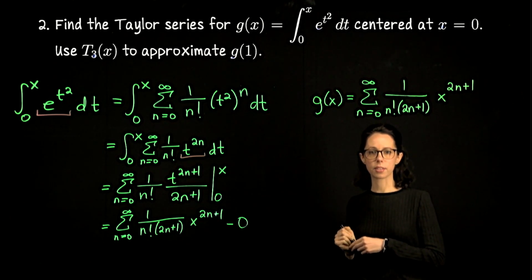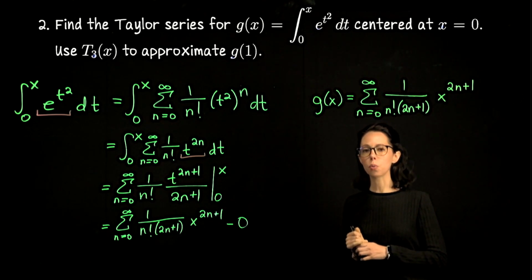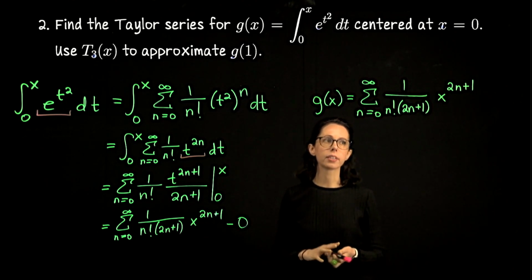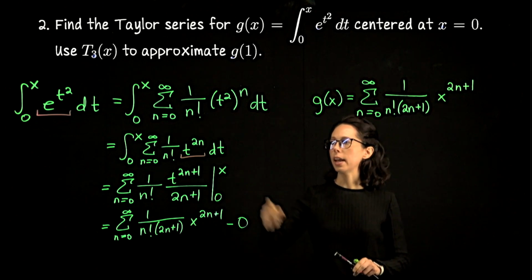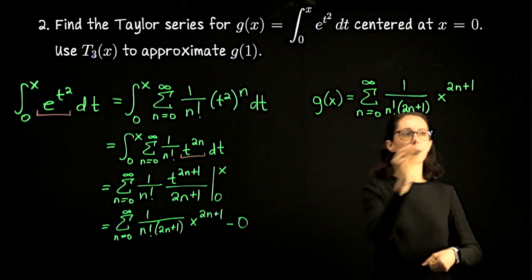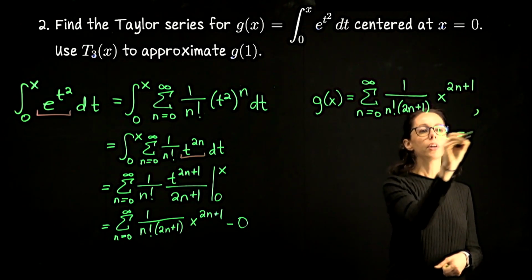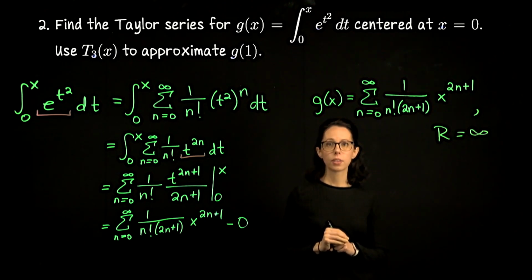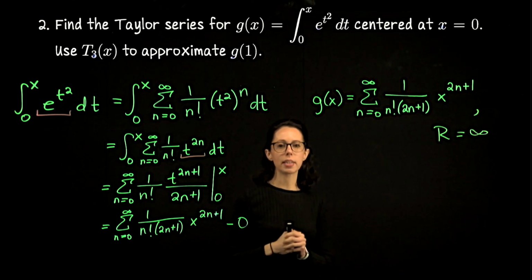Because we got to this through the action of integrating a known power series with a known radius of convergence, we don't have to do any work here to figure out what the radius of convergence is. It's inherited from this. The radius here was infinity, so here we also have convergence on the whole real number line. Okay, so that is the power series representation now for this function.